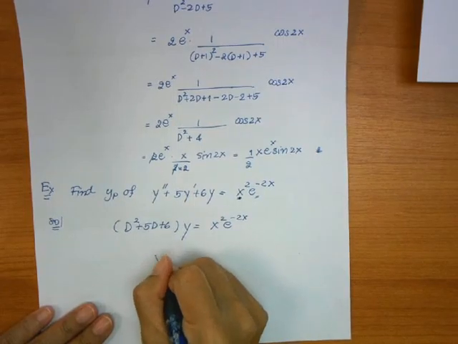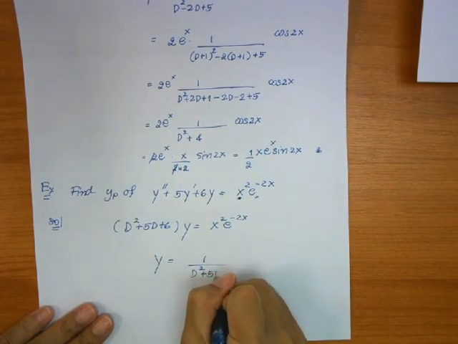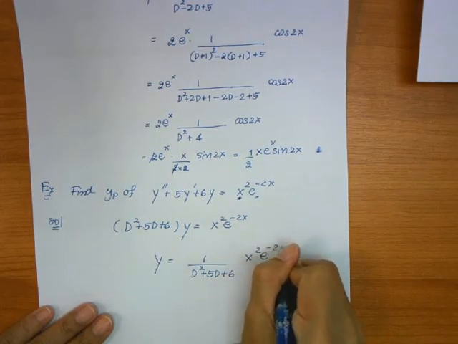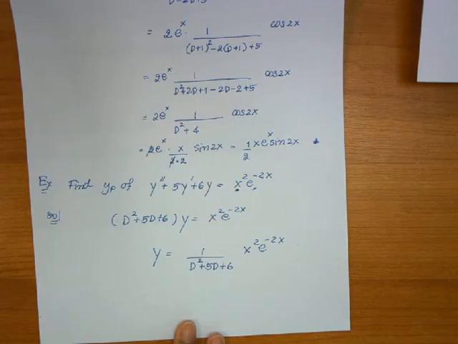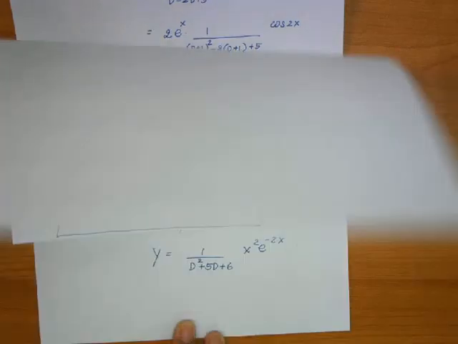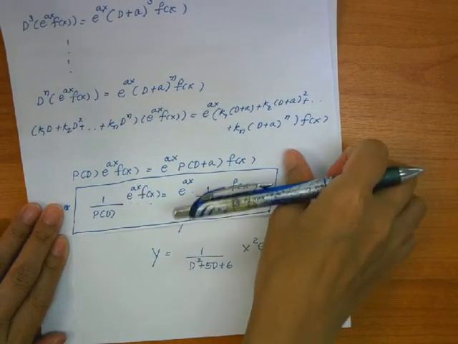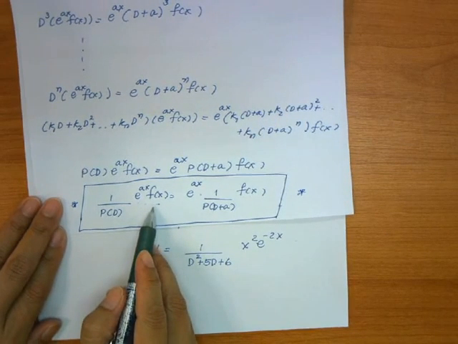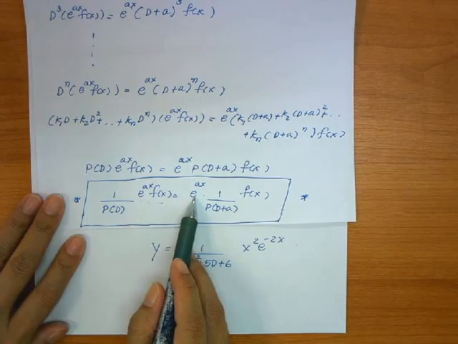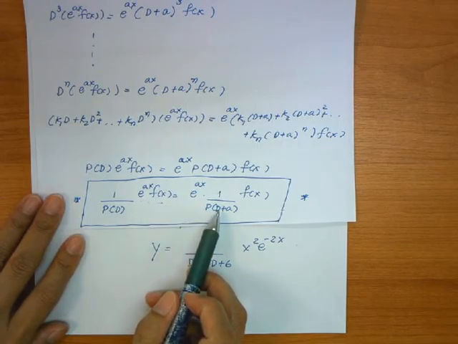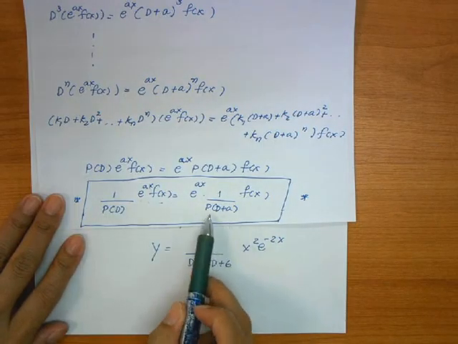Right? And then we would get, for our case 4, it's saying that if you have exponential times your function, you can take your exponential out of your operator D, but your PD is going to change to PD plus a.